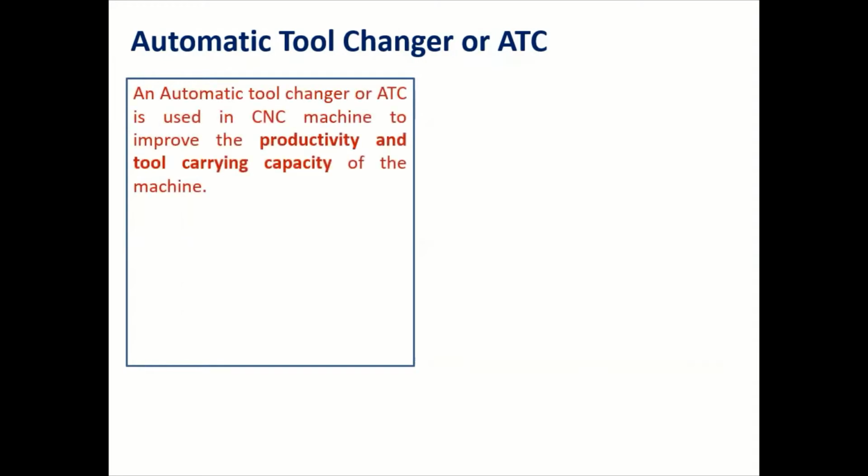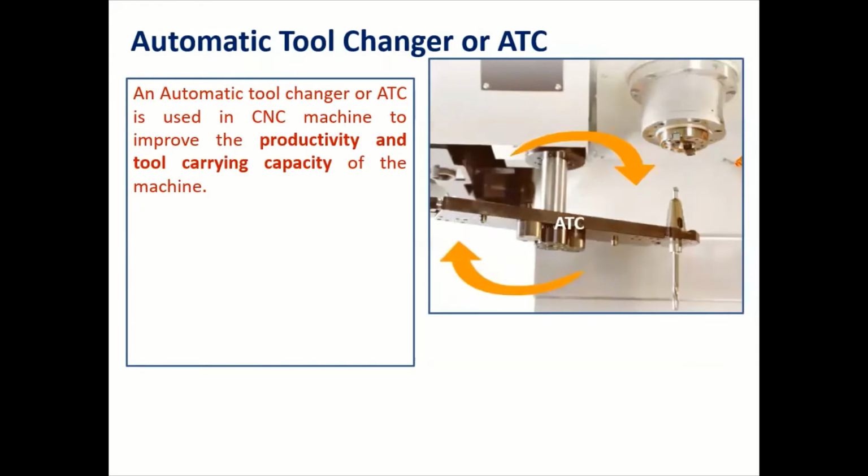So we'll go first for the automatic tool changer. The automatic tool changer, also called an ATC, is mostly used in the CNC machine to improve the productivity and tool carrying capacity of the machine. This is the CNC machine I have shown.